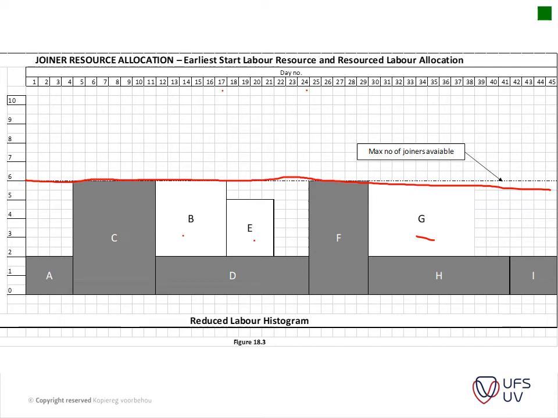This gives the site manager a problem from a labor control point of view, because the joiners may find work on other sites, etc. Okay, so basically these joiners have to wait until these guys are done with their work, so B and C. So it's not ideal, but what it does is that the amount of resources are optimally used by the main contractor, but the subcontractor in the end loses out because he cannot start with his fitting after item B is finished.